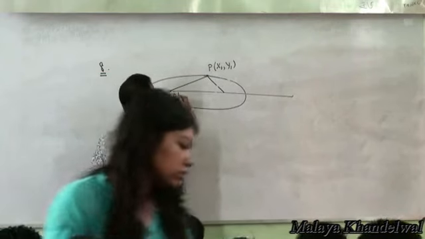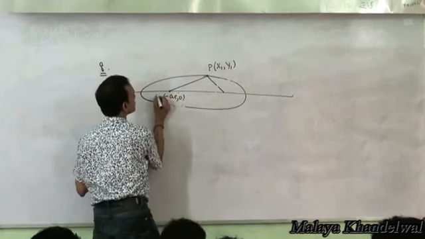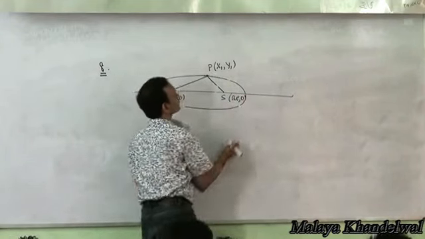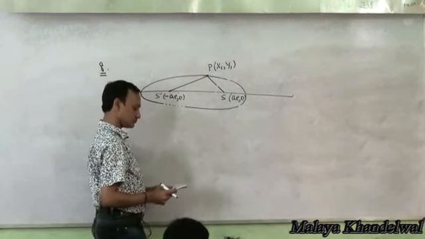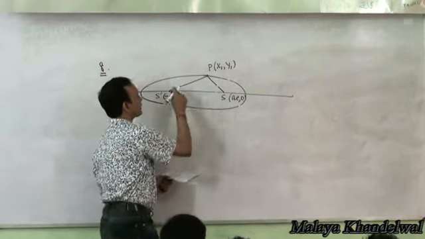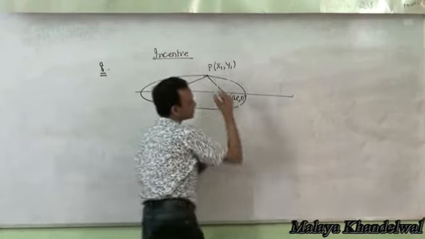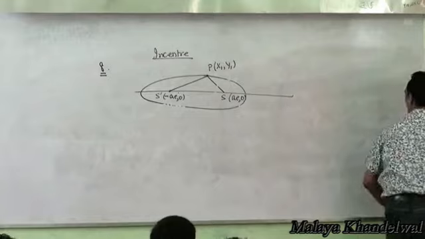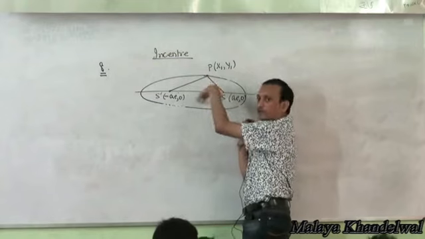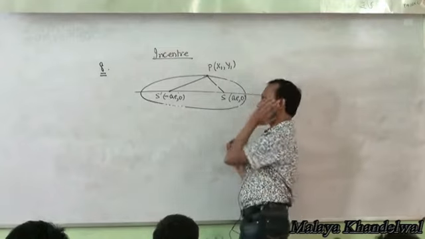One focus is ae, 0 and the other focus is minus ae, 0. We want to find the locus of the incenter of triangle PSS prime. I mean, obviously, if you select different points, you'll have different triangles PSS prime. And for each of these, there would be a different incenter. So there would be a locus associated with the incenter of the triangle PSS prime.